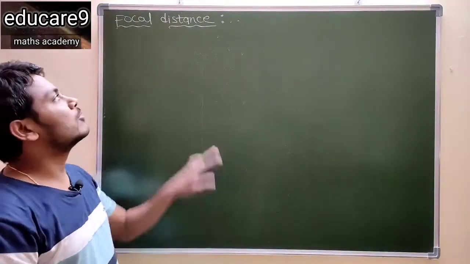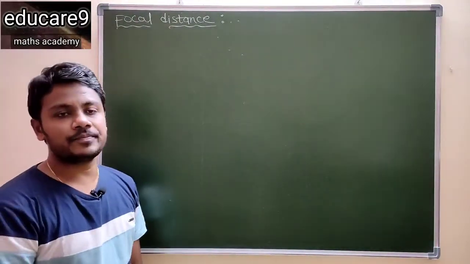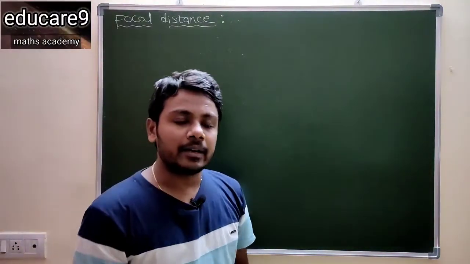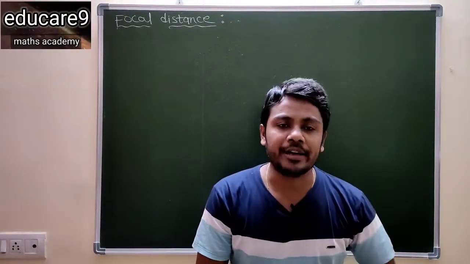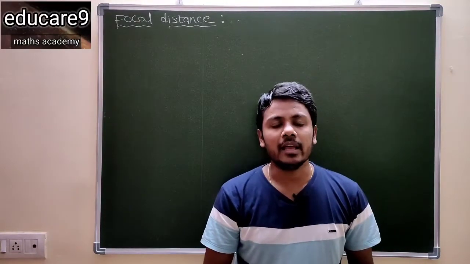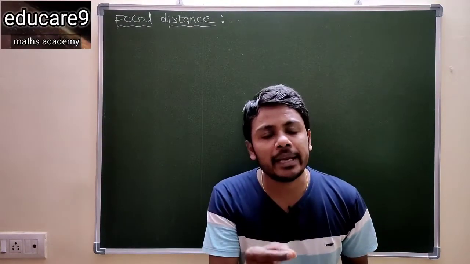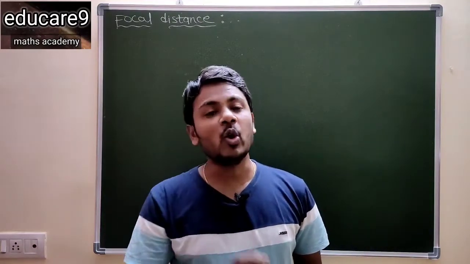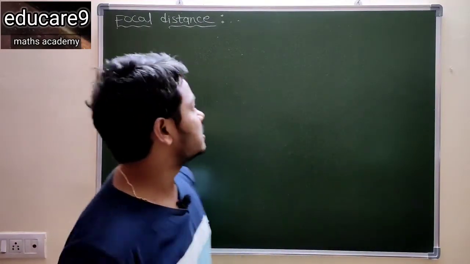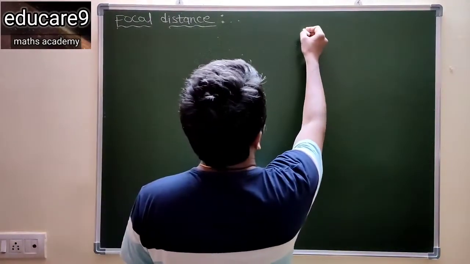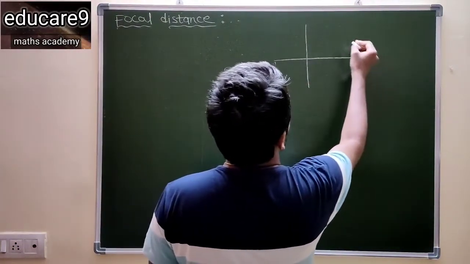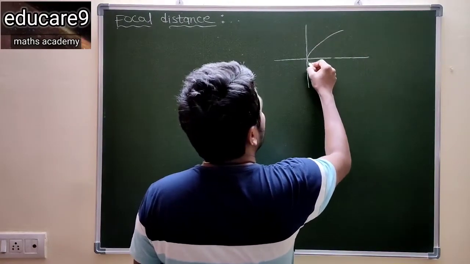Next definition: focal distance. A focal distance means, let P be any point on the parabola, then the distance from P to the focus is called the focal distance. Let us consider any parabola. So this is a parabola, the standard form.